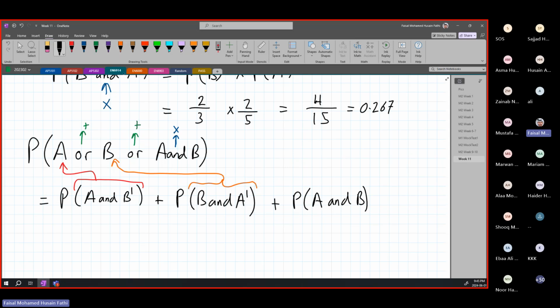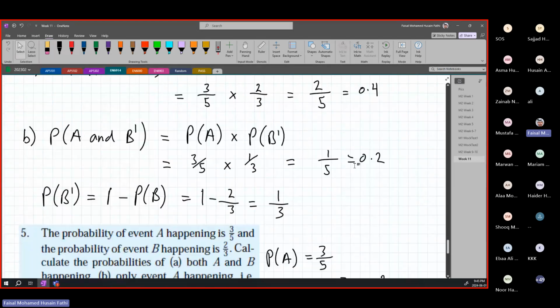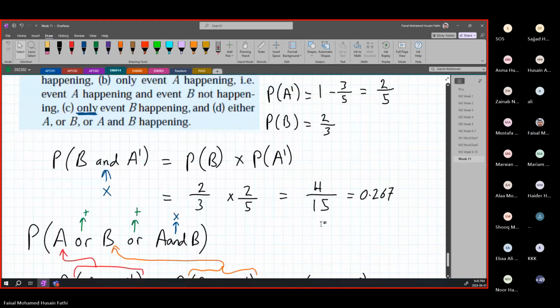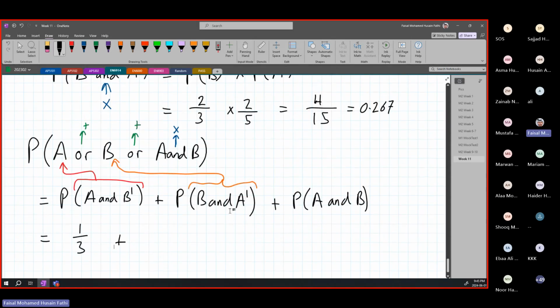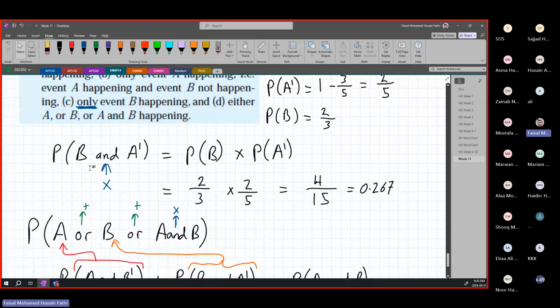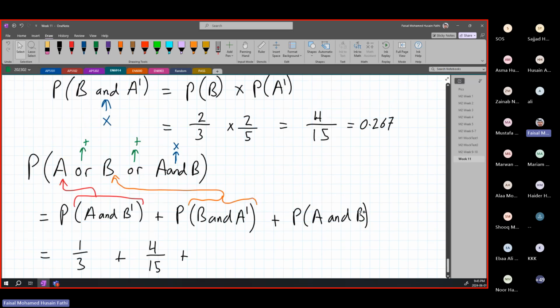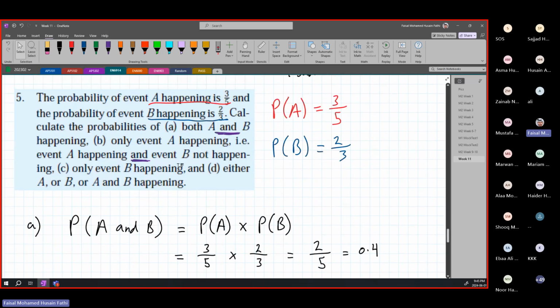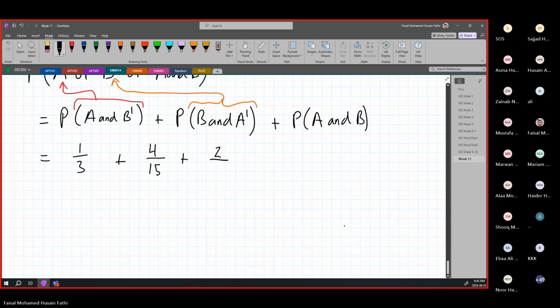Okay, and the last part is very direct. So now we have already found all of these. P of A and B prime, we have found it to be 1 over 3, plus P of B and A prime, we found it to be 4 over 15, plus P of A and B is simply the first one that we found here, which is 2 over 5.